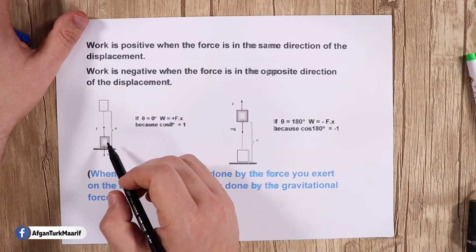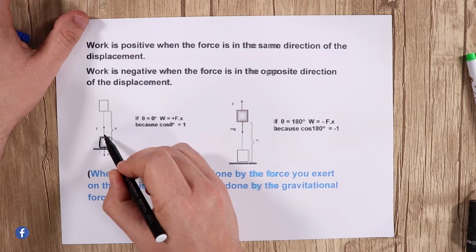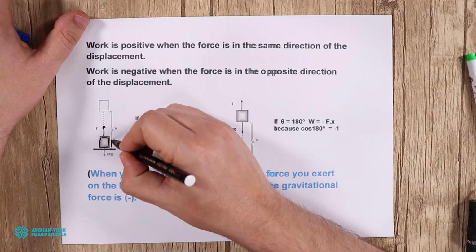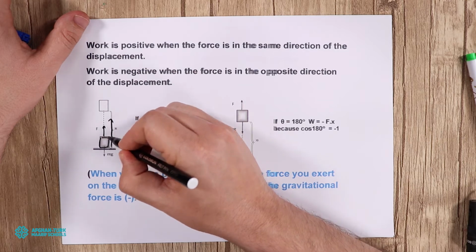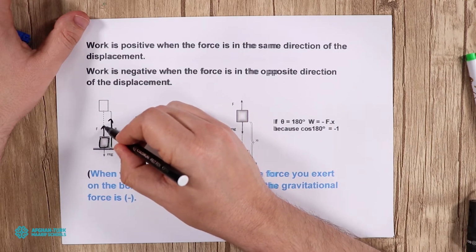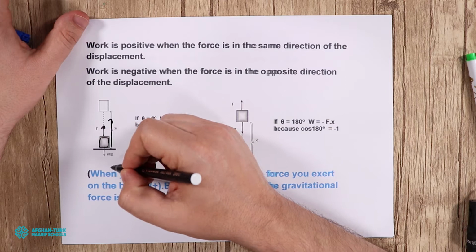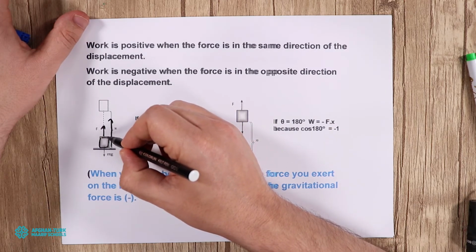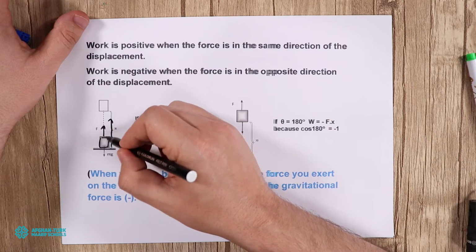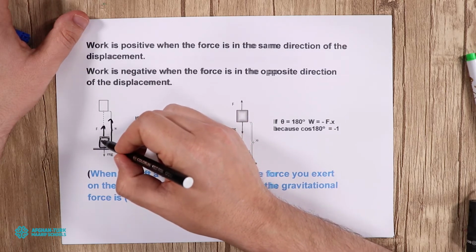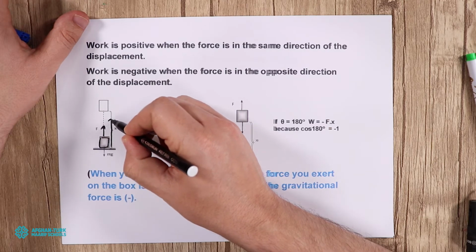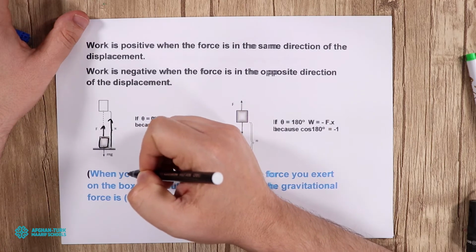In this case we apply some force on the object and the displacement is also covered in the same direction, meaning the force and displacement are in the same direction. The theta is zero here, because both are parallel to each other.